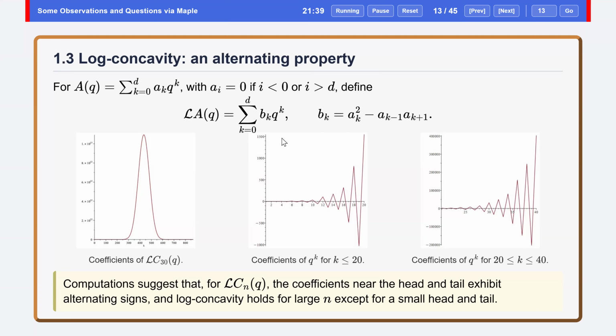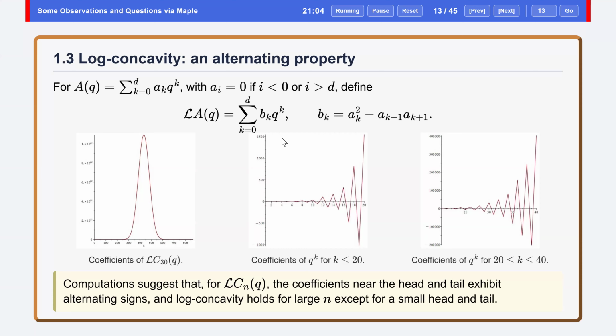And here is a plot. You see the coefficient b_k seems to be log-concave. But we have something beyond our expectation. Even though the coefficients b_k are not log-concave or unimodal, we see that there is some kind of alternating property.